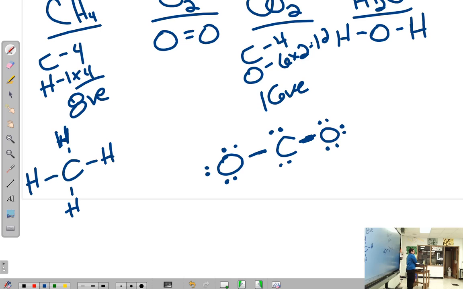What's the problem with the picture, if there is one? There's too many electrons. So what are you gonna do? Make those up. Absolutely. I'm gonna erase. Let's go ahead and make a double bond here.